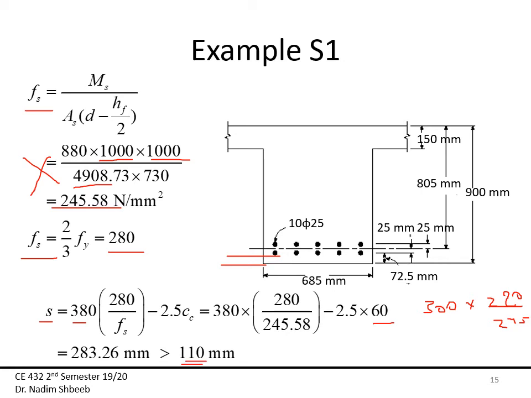Now the 110 millimeters I calculated is simply taking the 685 minus 2 times 60 minus 5 times 25 minus 4 times s, and from that you can calculate s. So yes, it is okay, and this is conforming to my ACI crack width.